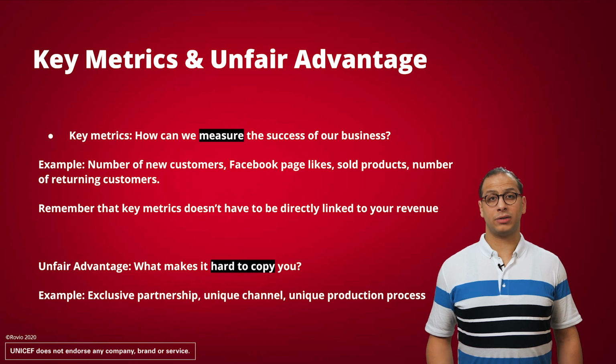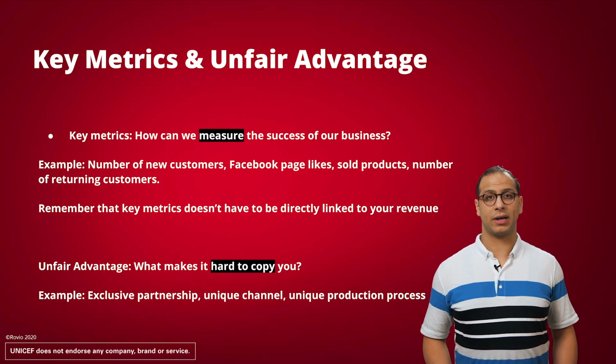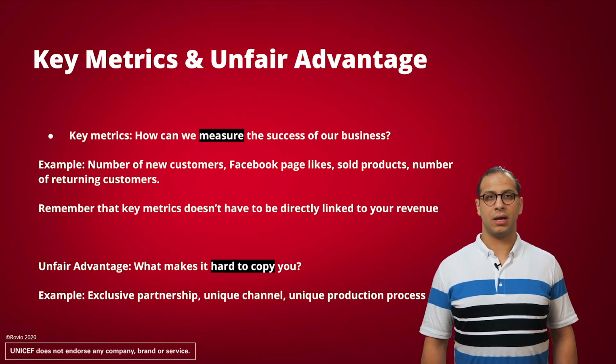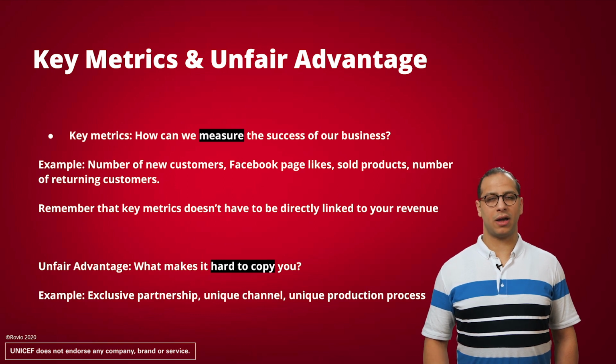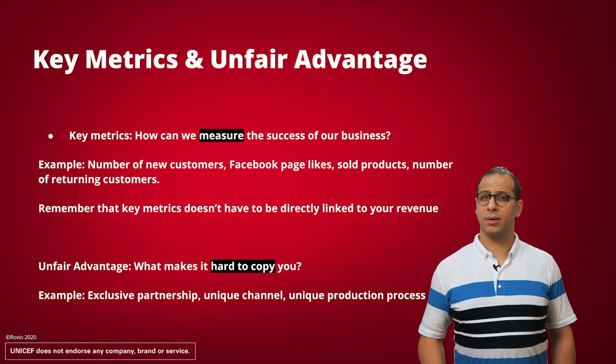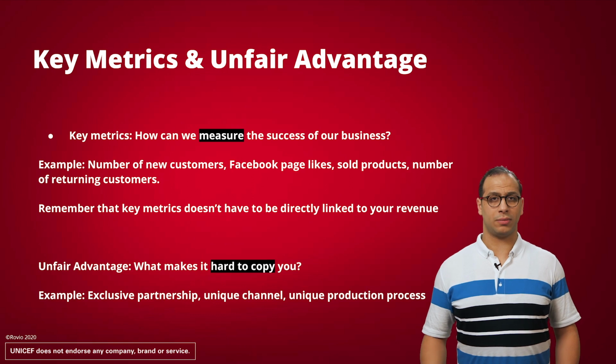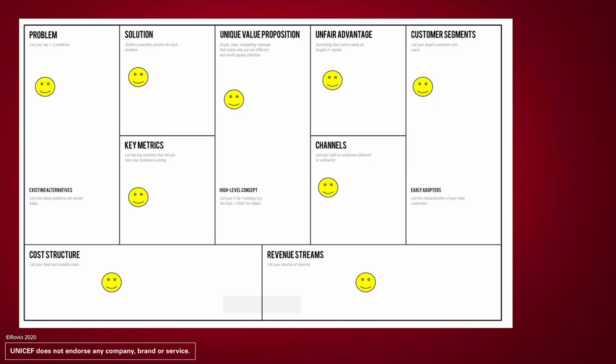That could be a channel that we have and no one else have, like an exclusive partnership that give us, for example, access to certain customers. Or it could be how we make our cakes for a low cost, and we sell them in that sense with a competitive price. But remember, it's not just about having low costs. It could be a premium service as well for an affordable price. We are done here, ready to start our business and make money out of it.